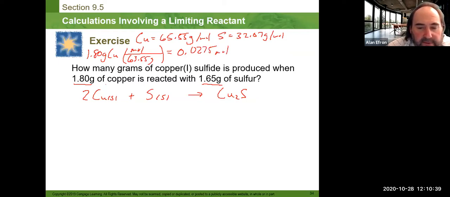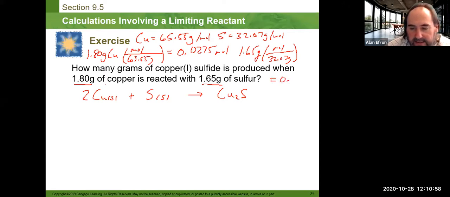For our sulfur, we'll do the same thing. We have 1.65 grams, and 32.07 grams per mole. 1.65 divided by 32.07 gives us something like 0.0514 moles of our sulfur in this particular case.